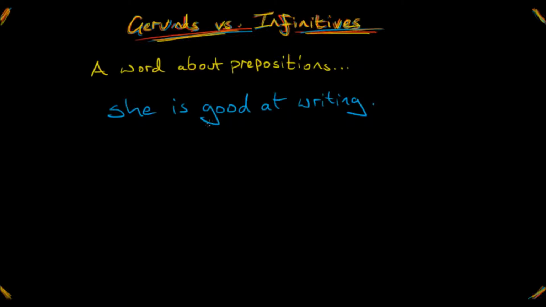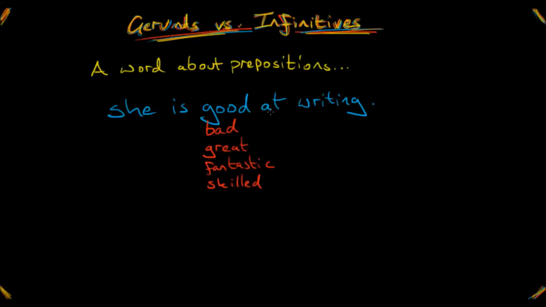It's going to be the same one. Anything that refers to her quality of being able to do something will use the same preposition. Good at, bad at. We can use great at writing, fantastic at writing, as we saw previously, skilled at writing. All of these adjectives which describe her quality are going to use the same preposition.